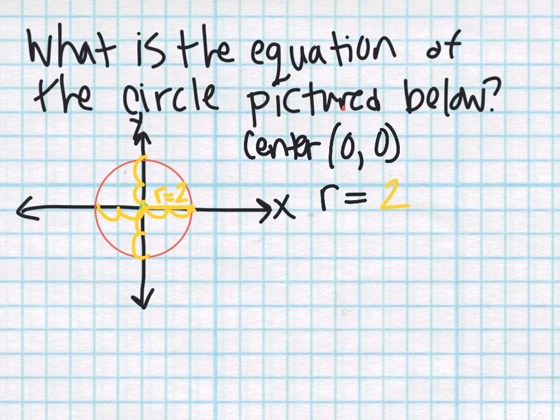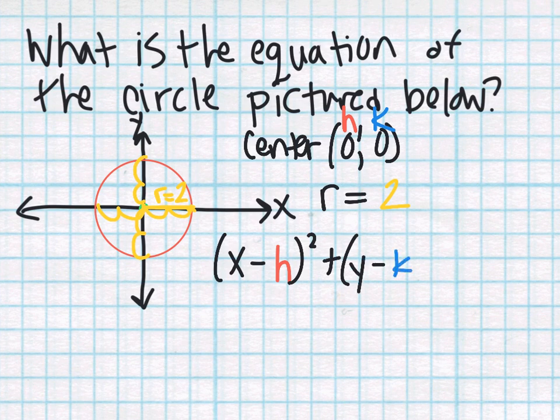So I know this is my h, this is my k, and then I've got my radius. So my formula, let's write it down every time. (X - h) squared plus (y - k) squared equals r squared.